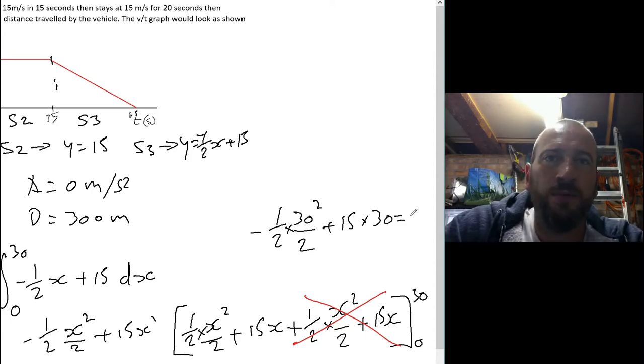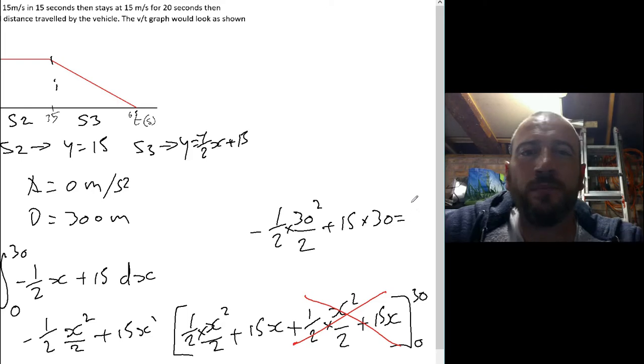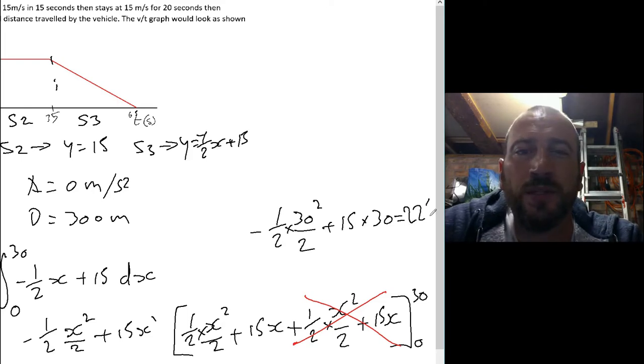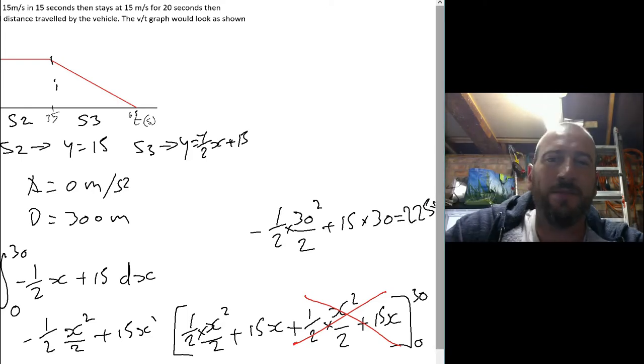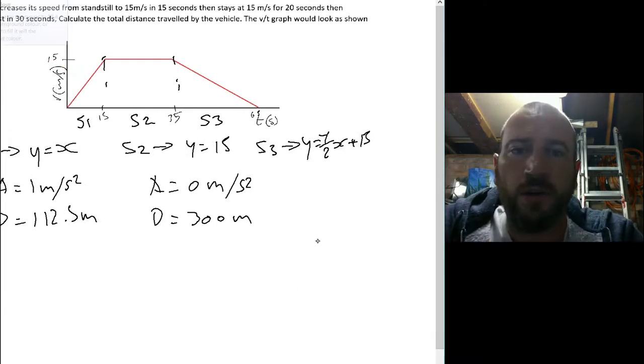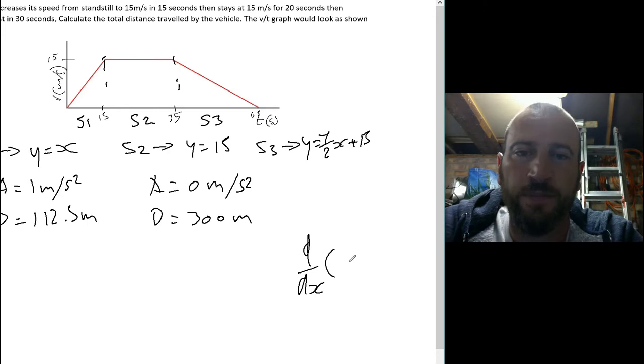And that will equal, let's have a look at the calculator, 225 meters.